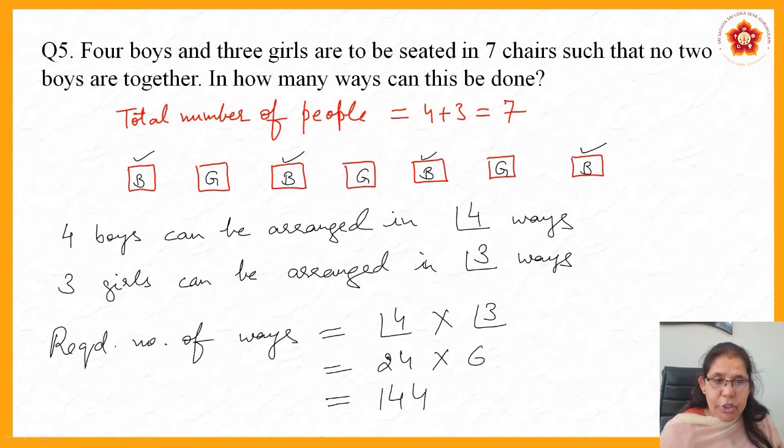So here in this question, we have fixed the boys' position first, and we have ensured that no 2 boys are together. If you look at it here, even the condition that no 2 girls are together is also being satisfied.